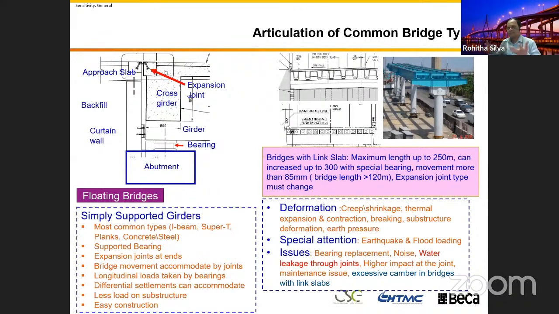And then the way we articulate the bridge, we categorize the bridge: floating bridges, integral bridges, semi-integral bridges, and that sort of thing. I clearly explained to you the behavior of the floating bridges, integral bridges, and semi-integral bridges.